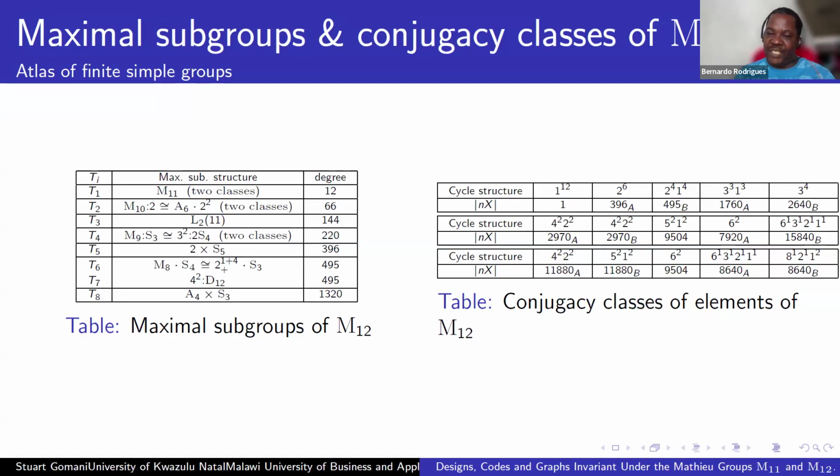The reason for that is that the Mathieu group M11 is its own automorphism group. In the case of M12, the automorphism group is M12 extended by an involution. This involution does not belong to the group; it's an outer involution. So basically it's M12 extended by 2.